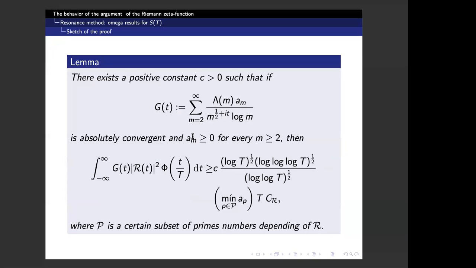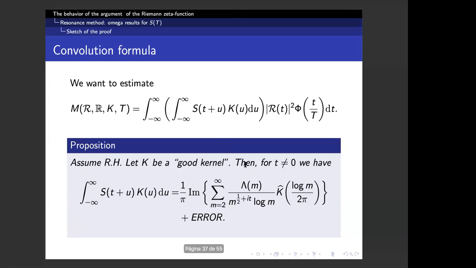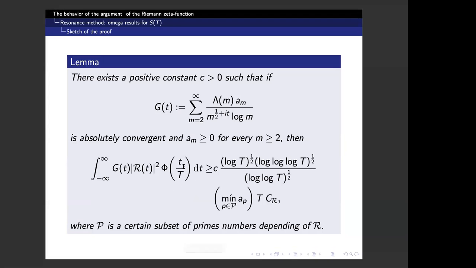We need to have a_n such that they are positive, not negative. So if we want to apply this lemma, we want to use a good kernel such that the Fourier transform has a specific behavior. Another problem is that you have the imaginary part here, and this is a real number because it's bounded by a positive number.